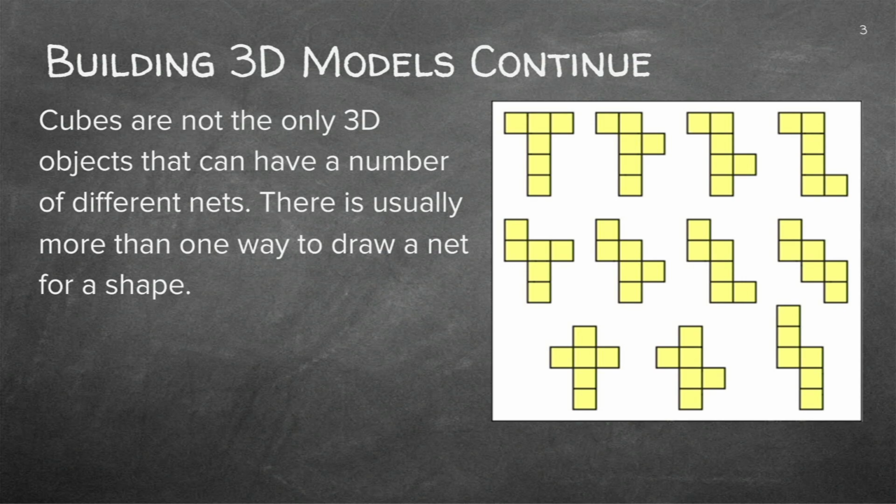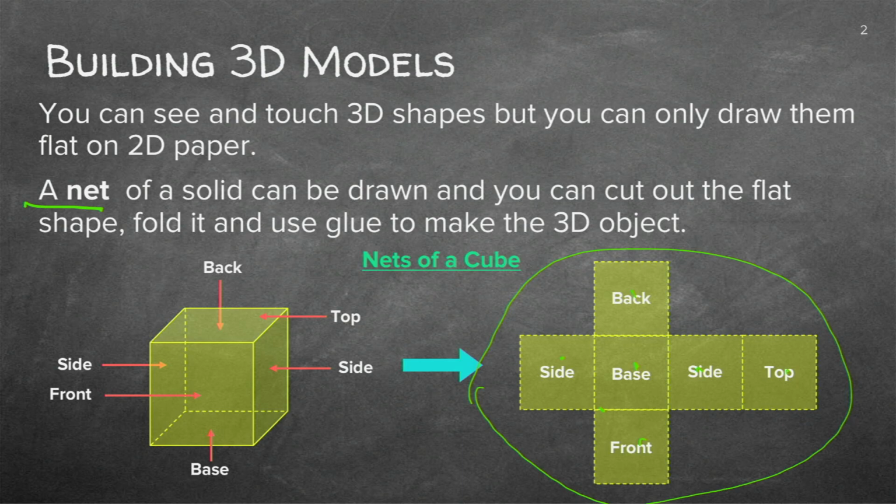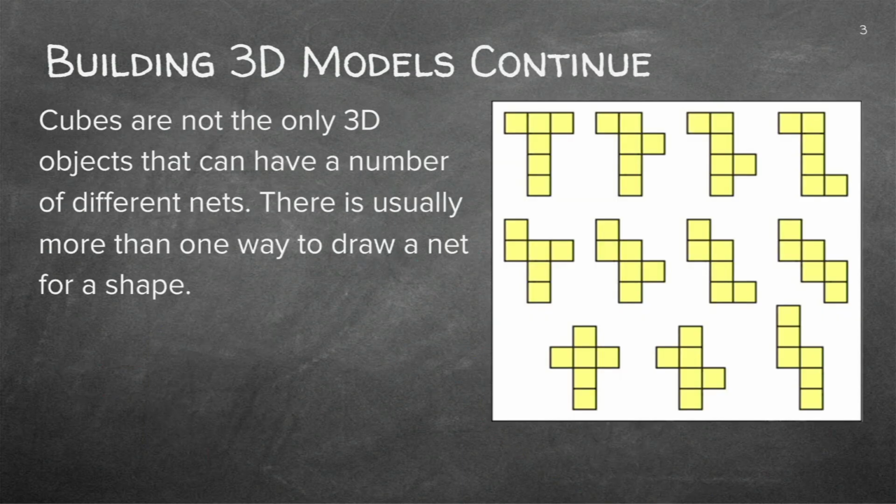But remember, they must all be exactly the same size. And then you draw this shape and this one and that one and all of these. Then you try and see if you can fold a cube with this specific net. You should be able to. Okay, so that is the beauty.